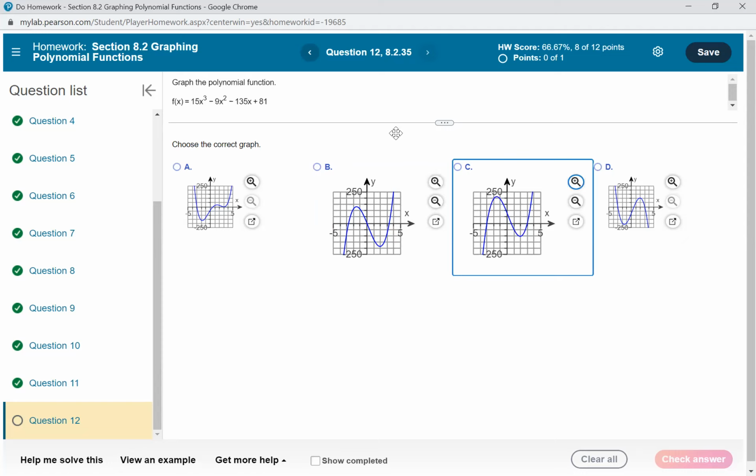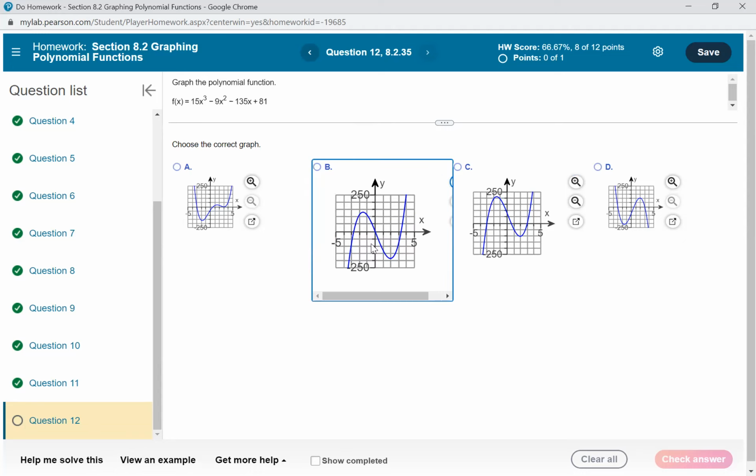Now notice, my y-intercept on this one is 81. So y'all, between B and C, which one looks like it might be crossing at an 81? Well, y'all, let me zoom up B one more time. Look at B, y'all. It looks like it's crossing the y-axis right at 0, don't it?